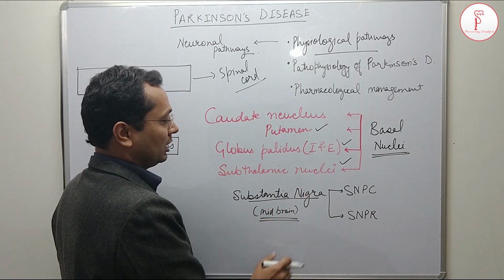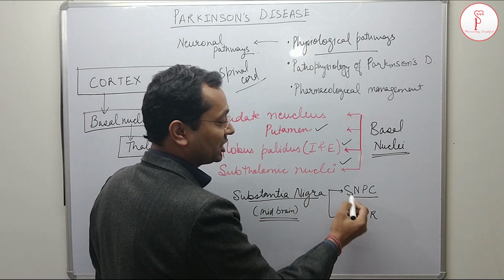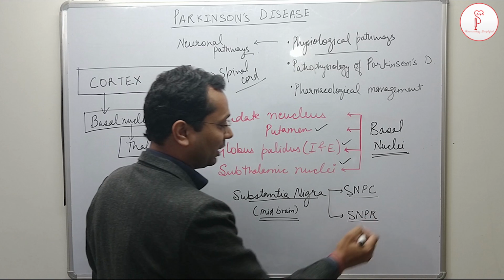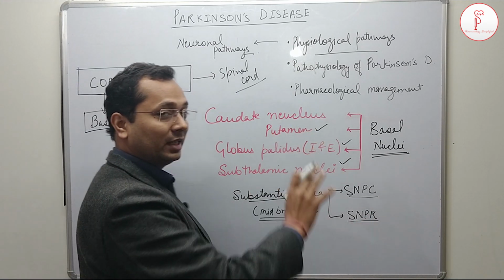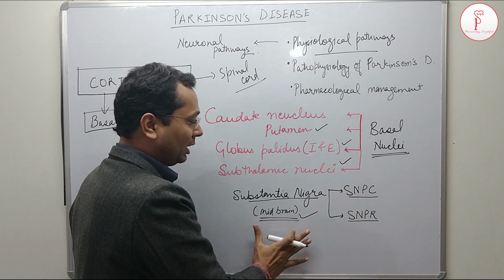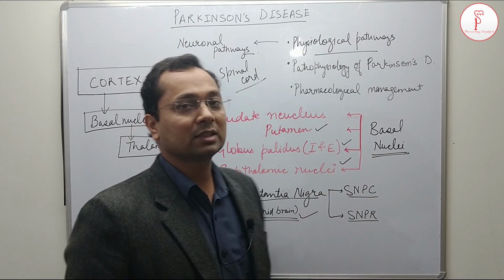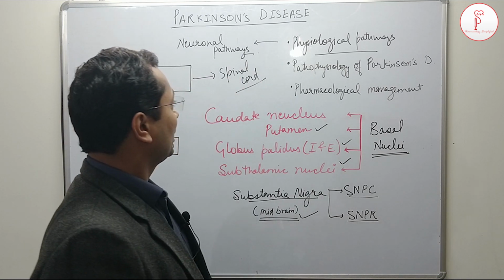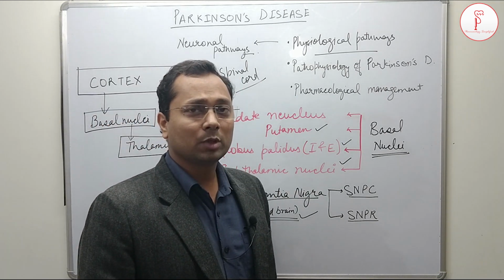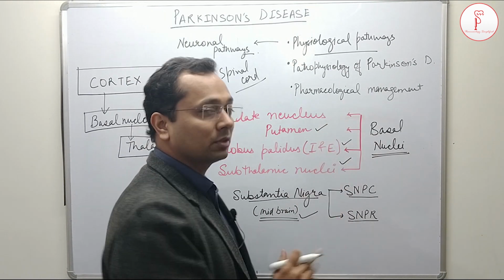Substantia nigra comprises two components, substantia nigra pars compacta and substantia nigra pars reticulata. Substantia nigra is a part of the midbrain. It is entirely separate from the basal nuclei, but all the dopaminergic activities take place through the substantia nigra only, right? So now we will see individually what all these pathways are.